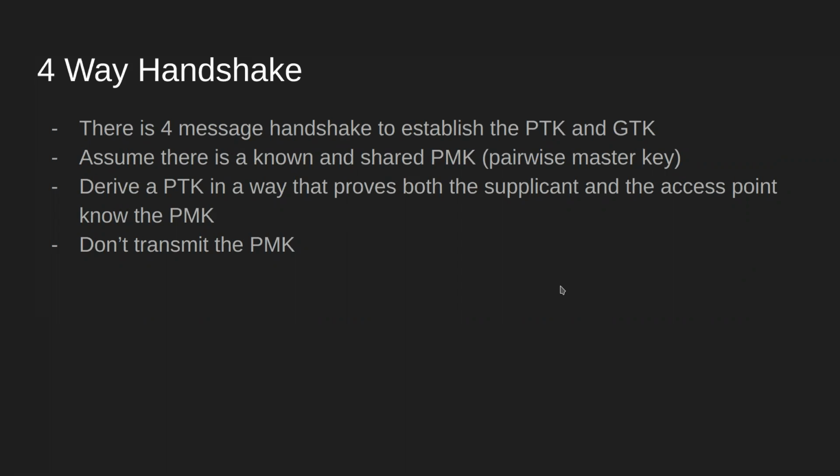But the four-way handshake requires a shared initial secret, and then it derives the PTK and the GTK through the handshake. An important thing about the four-way handshake is that that shared initial secret, also known as the pre-master key, or pairwise master key, the PMK, isn't transmitted at any point. So anyone intercepting traffic will not see the pairwise master key.